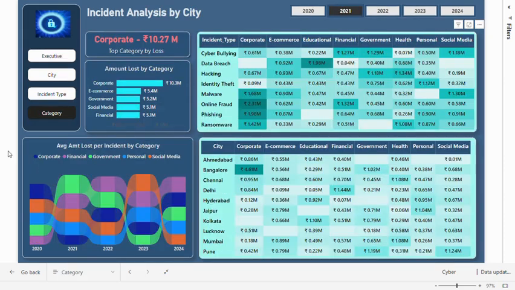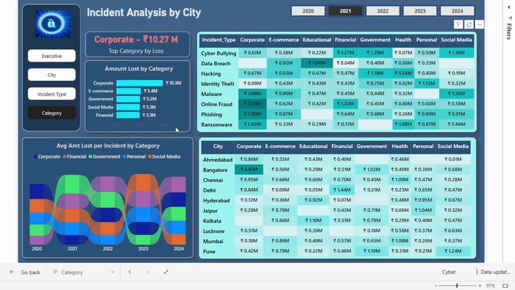In the category view, this visual shows the severity of incidents recorded across the categories over the years. I noticed the severity of corporate and financial incidents has been consistently more. It is because these sectors hold valuable data and assets, so even though they spend more on IT and security, these remain the prime targets.